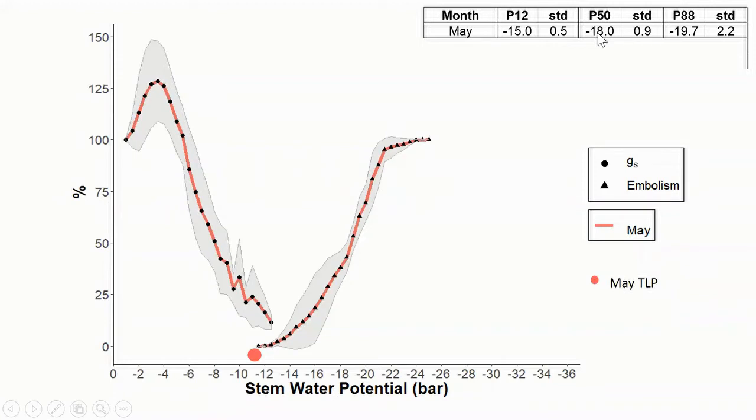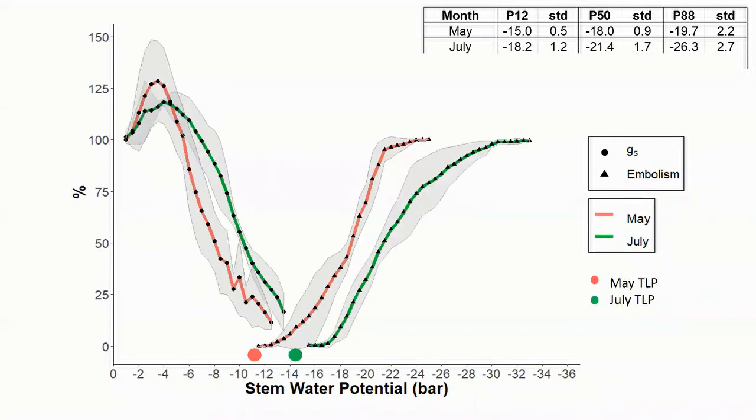When we did the same trial again in July, everything shifted, very coordinately, by about 3 bars. The stomatal response curve shifted, the turgor loss point shifted from 11 to 14. The xylem vulnerability shifted, look, the P12 shifting from 15 to 18, P50 from 18 to 21. Everything shifted by about 3 bars.